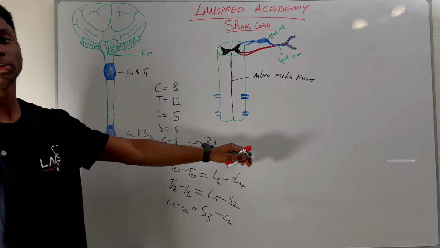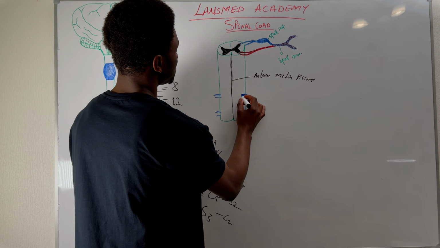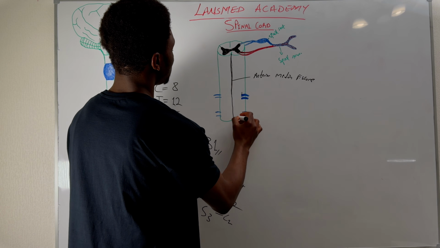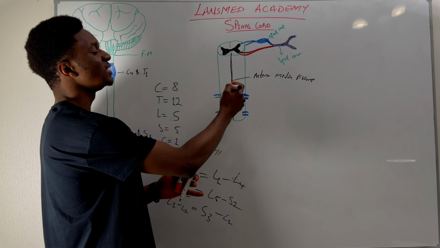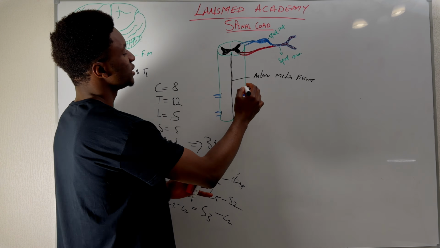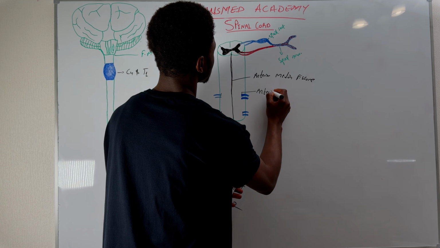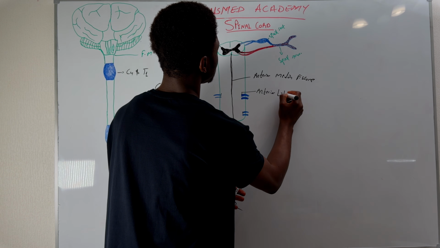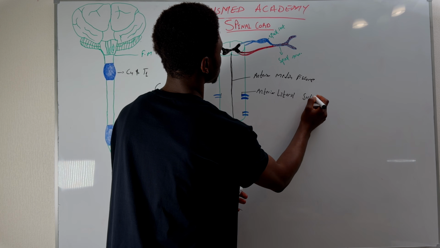I will talk on the blood supply shortly. And if you take a look here, you will see the spinal nerves at this region. So this sulcus where the nerves are coming from is known as the anterior lateral sulcus.